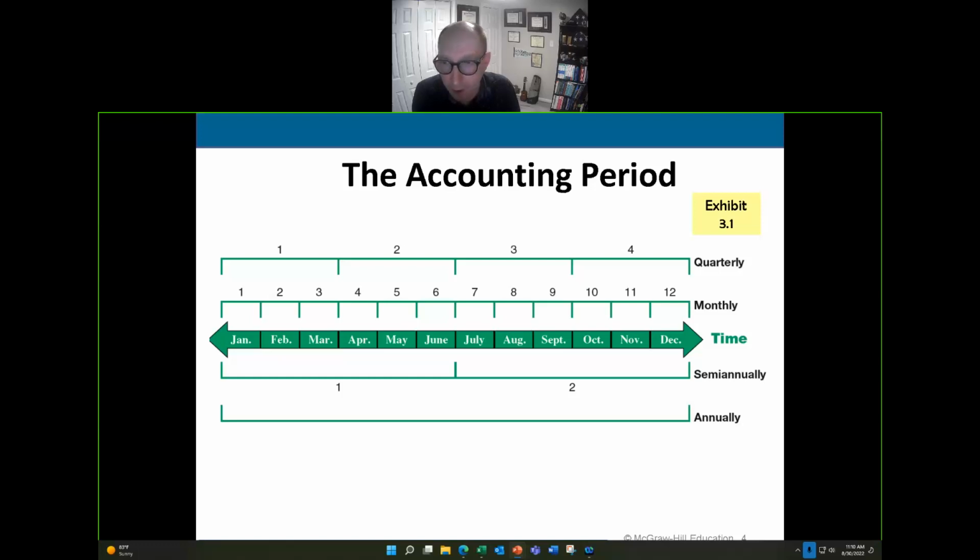This can be done monthly, quarterly, semi-annual, or annual. The monthly income statement shows us the revenue, income, and expenses for the month.